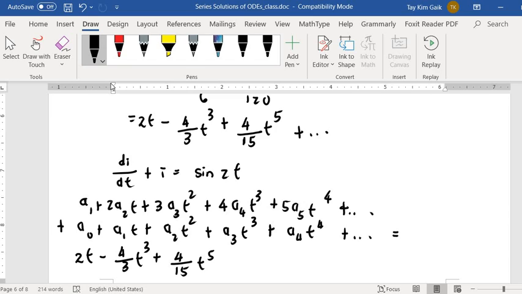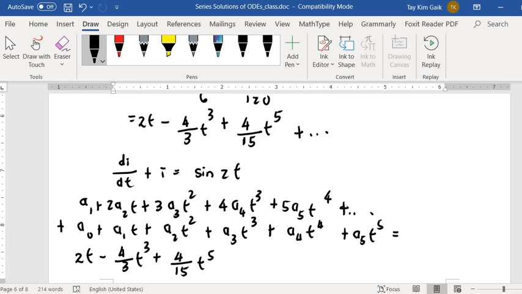Differentiate it. We have a1, 2 a2 t, 3 a3 t squared, 4 a4 t cubed. Okay, in here I got a5 t power 5, so 5 a5 t power 4.